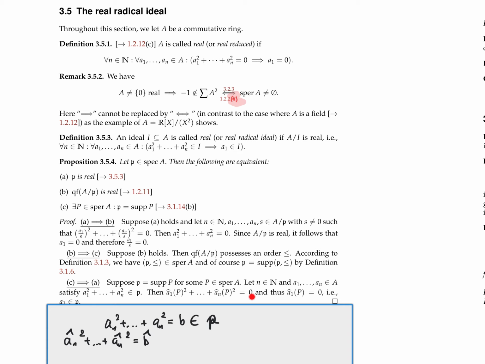So I get this, and thus A1 hat of P is 0, because here I'm in a real closed field. An ordered field would be enough. So A1 hat of P is 0, and that means A1 is in the support of P. So that's this proposition.